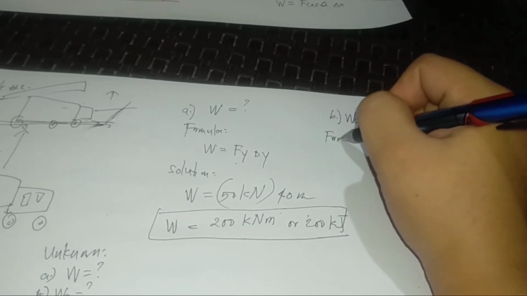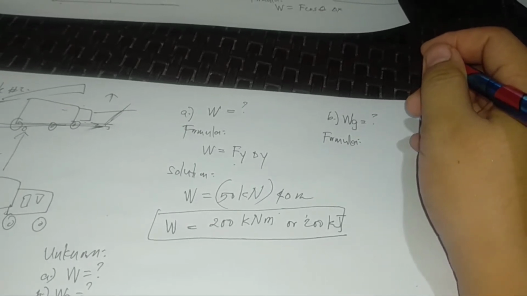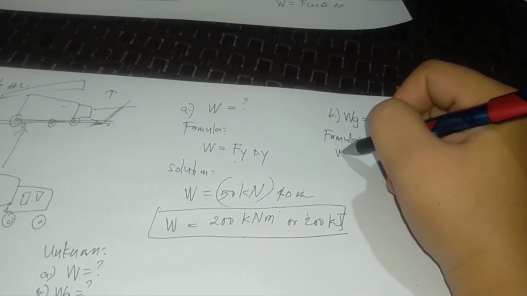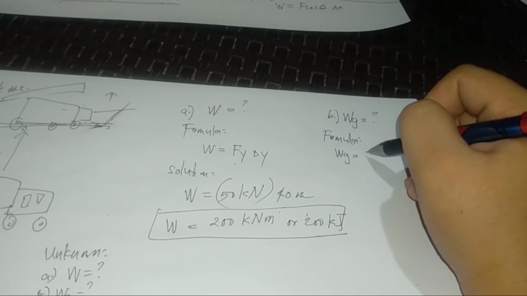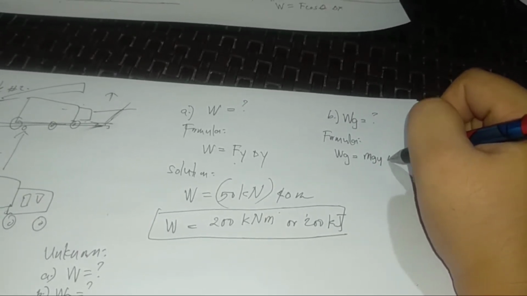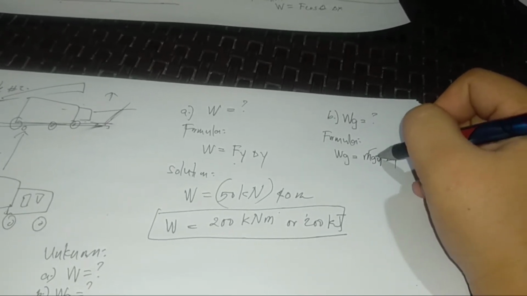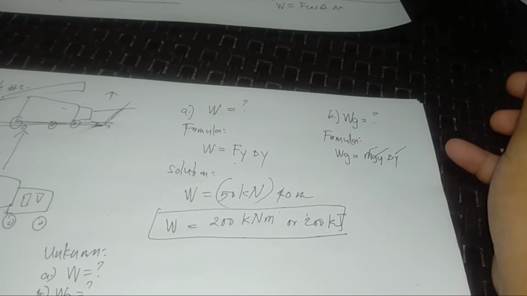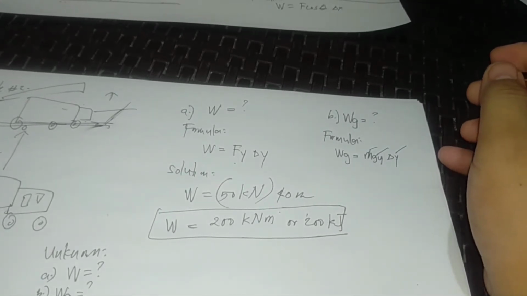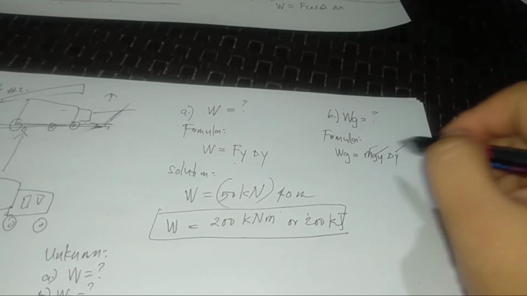So, our formula here, work done due to gravity, we will have Wg is equal to mgy delta y. So, we have here your mass, gravity, then your displacement along y-axis. So, just substitute the given values.